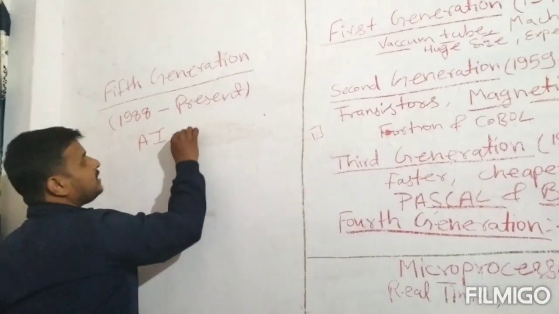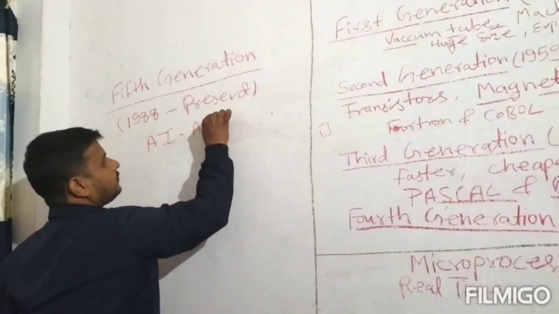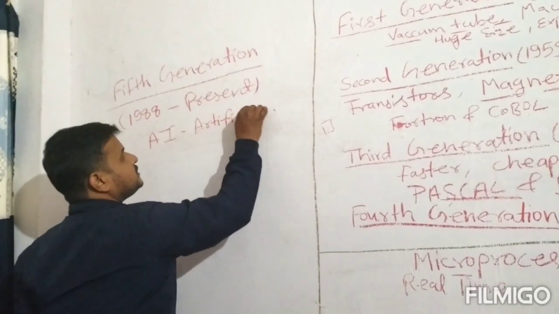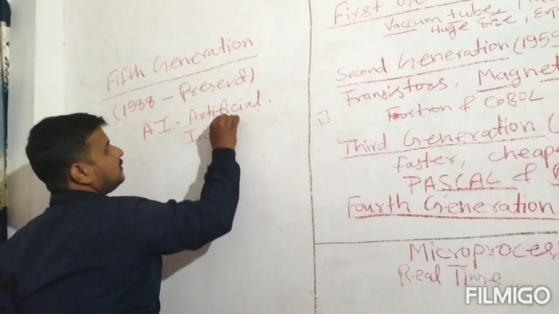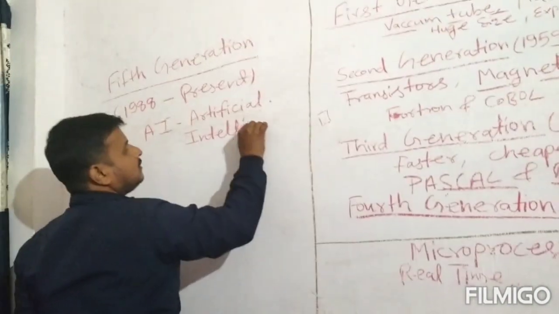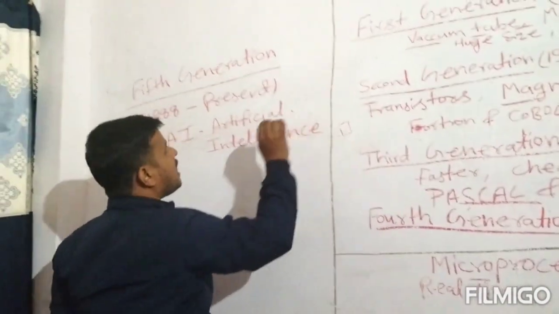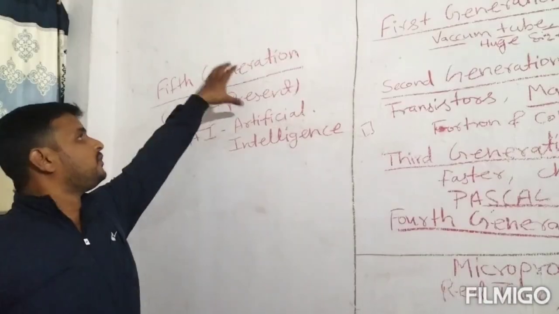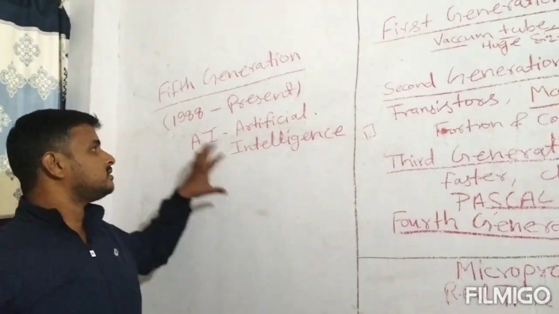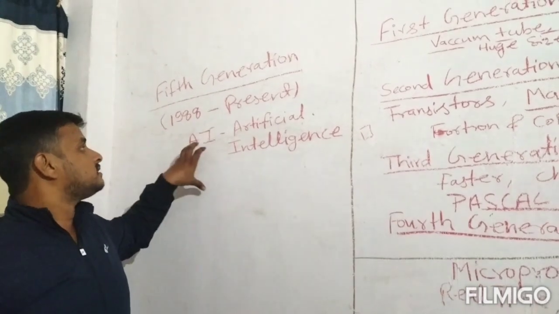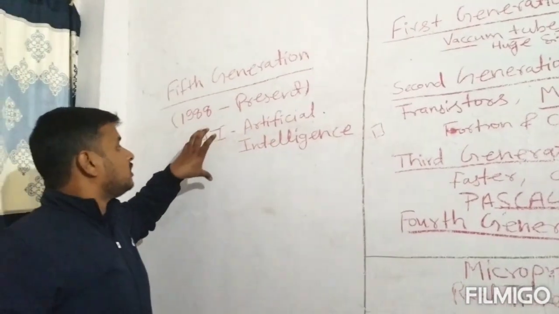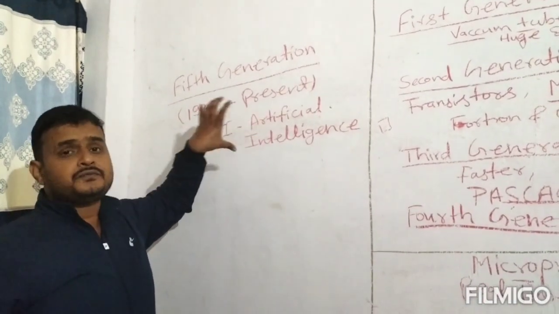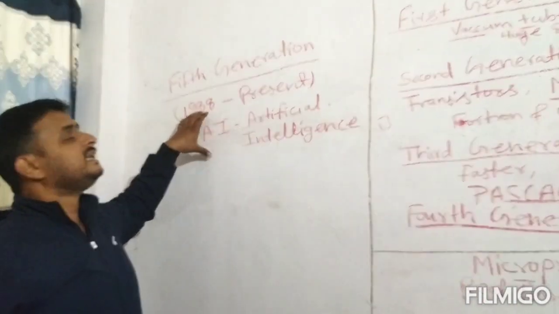AI means artificial intelligence. Artificial intelligence is the technology introduced in fifth generation computers. Artificial intelligence was first introduced in 1988.